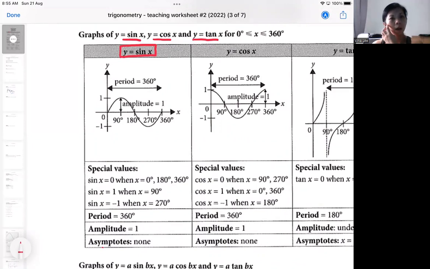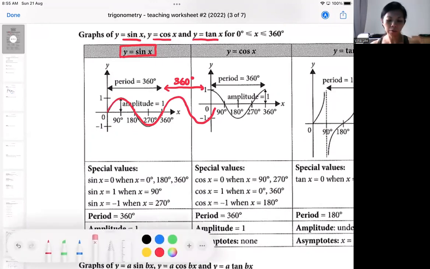Period is how many degrees you need to make one wave, and one wave will look like this. If I extend another 360, it will look like one more wave. That's the meaning of period. That is what you need to make one sine wave.